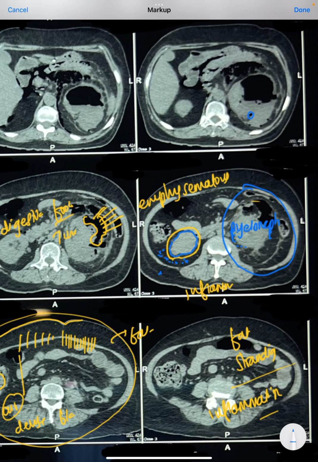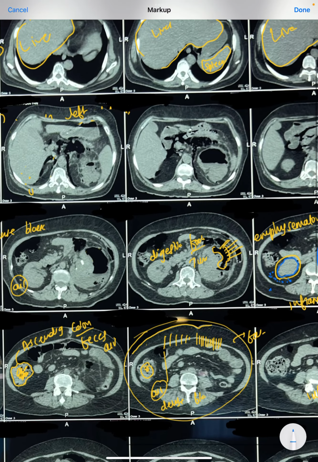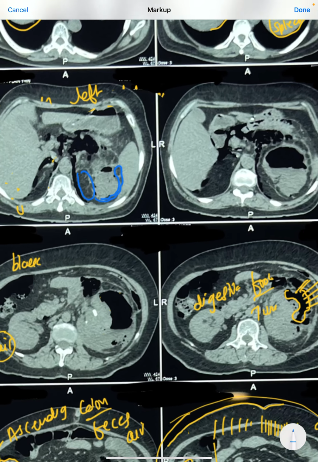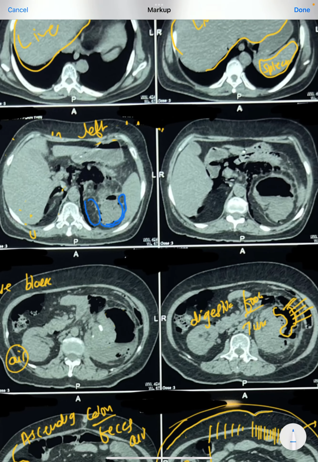This is emphysematous pyelonephritis with so much of collection around the kidney. So you can see that this is all the collection around the kidney. This is all pus, because this is kind of a liquid thing.